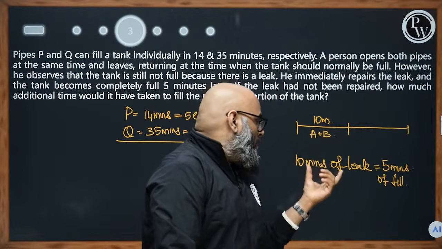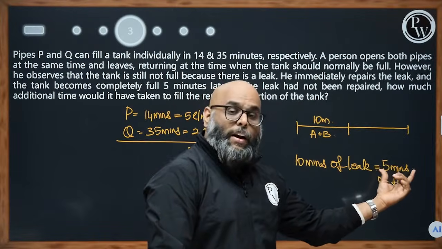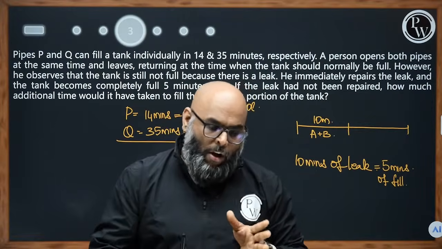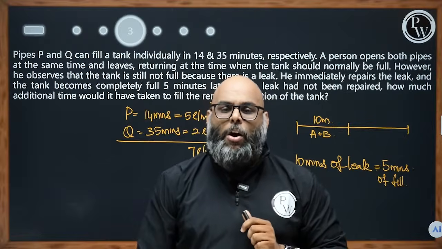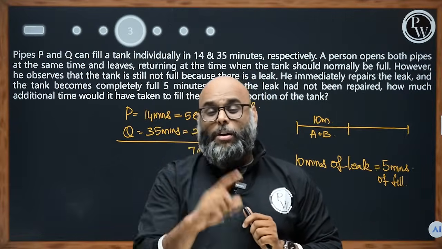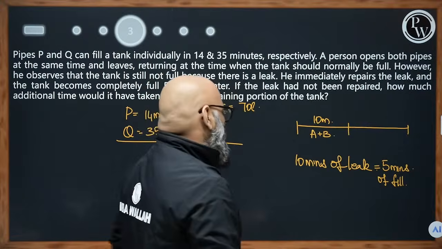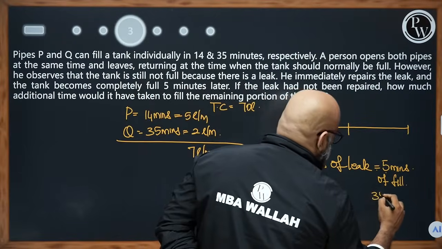We know the leak was operating for 10 minutes. The leak was fixed and then filled for another 5 minutes, which means that whatever water we had leaked in 10 minutes had to be compensated by 5 minutes of filling. Right? Or can I say 5 minutes of filling is equivalent to 35 liters.